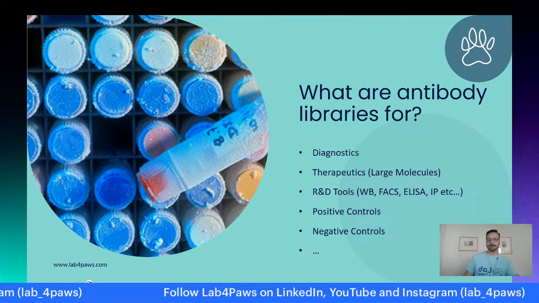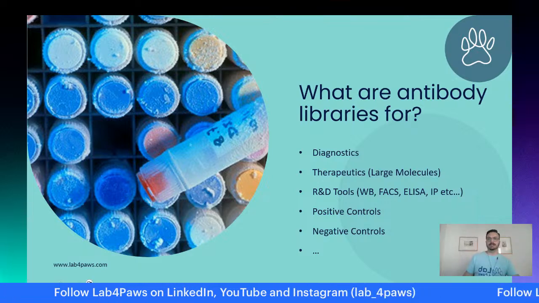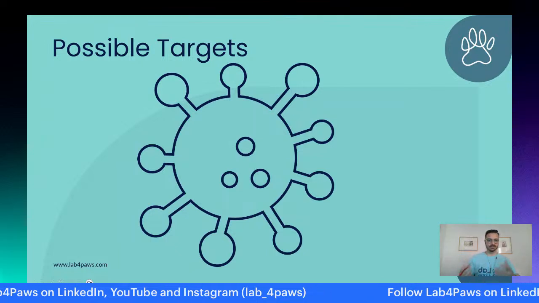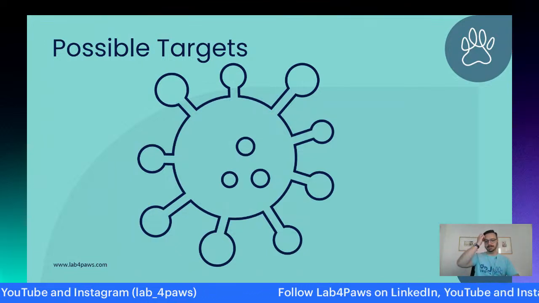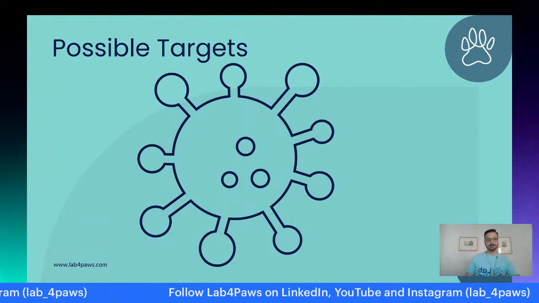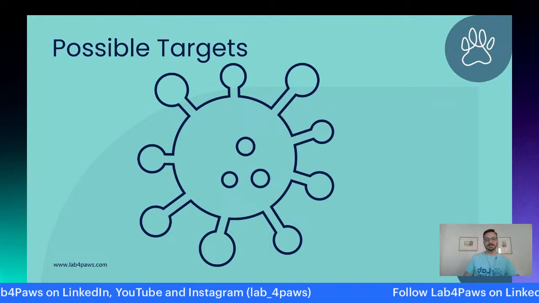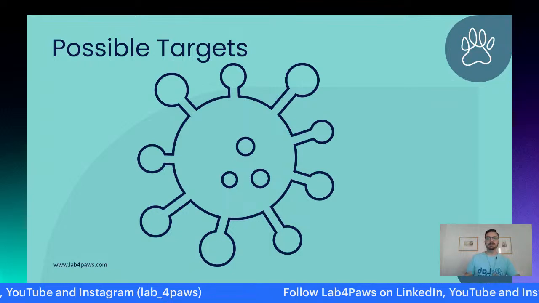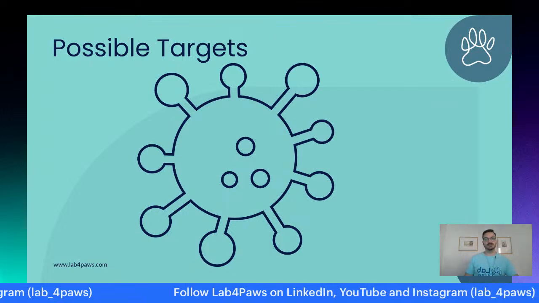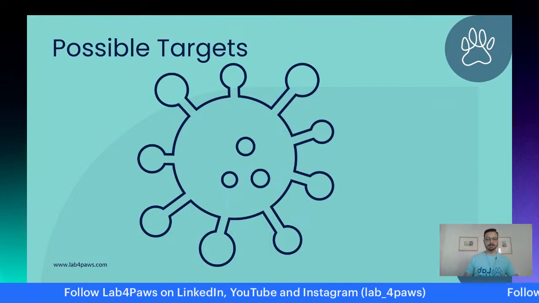And the funny fact is that antibody libraries have been changing a lot in the past because the number of targets has been changing a lot. The kinds of approaches that are available nowadays are much broader than before.